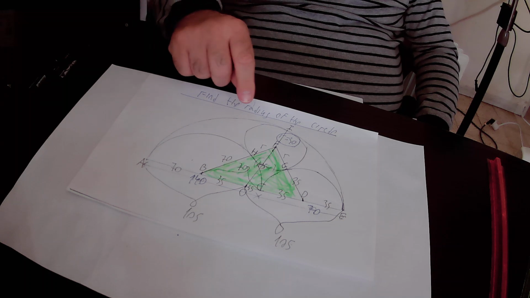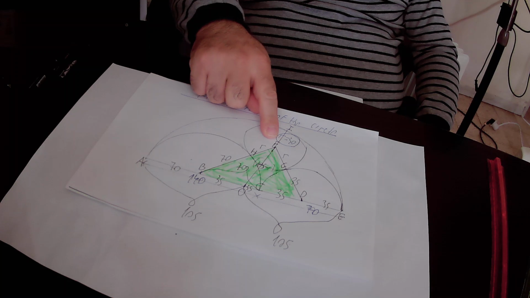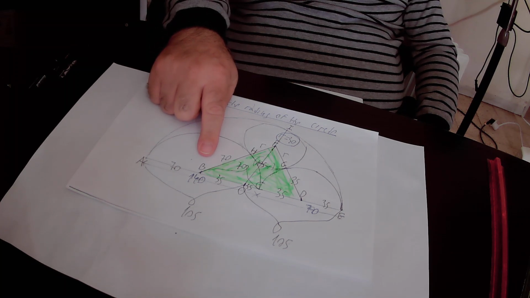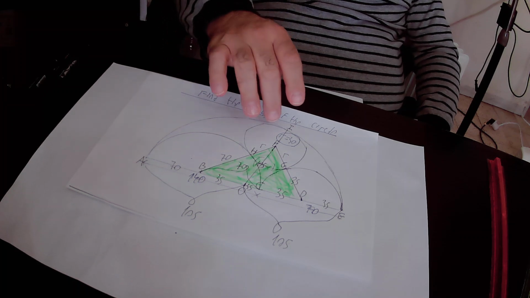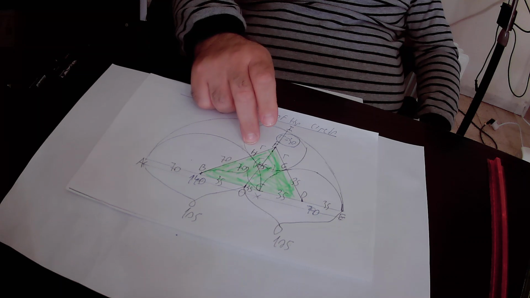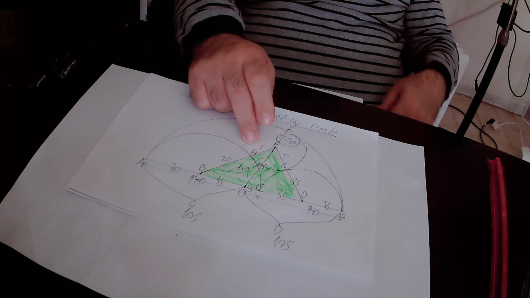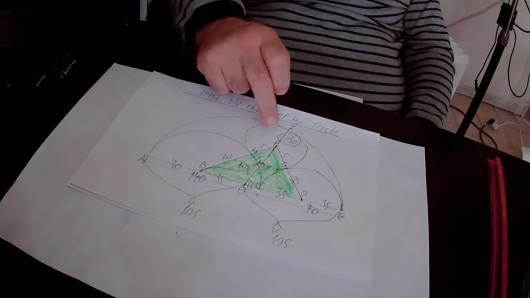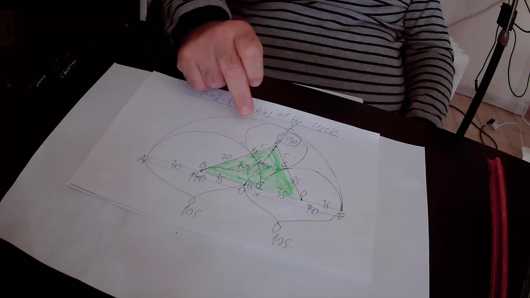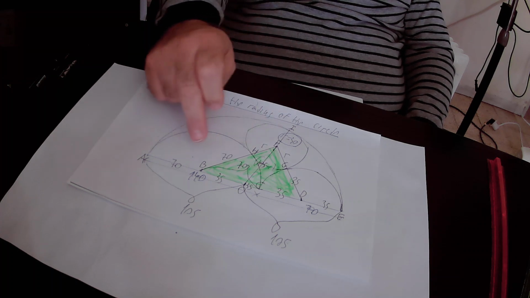Point F is the center of this small circle. Point B is the center of this semicircle. The circle and the semicircle have an external touch between them at point H. That is to say, they are touching each other externally at point H, and therefore the straight line that connects their centers together, that is to say FB, must pass through their touching point, that is point H, or FHB is one straight line.